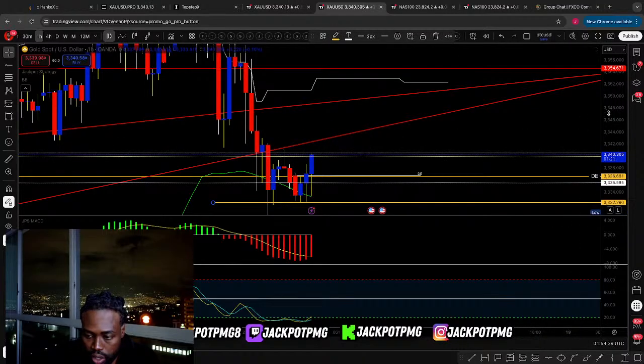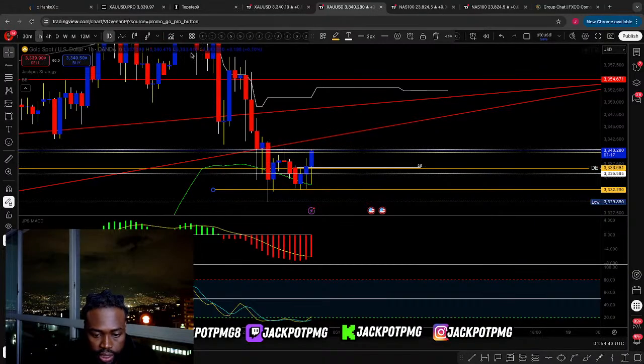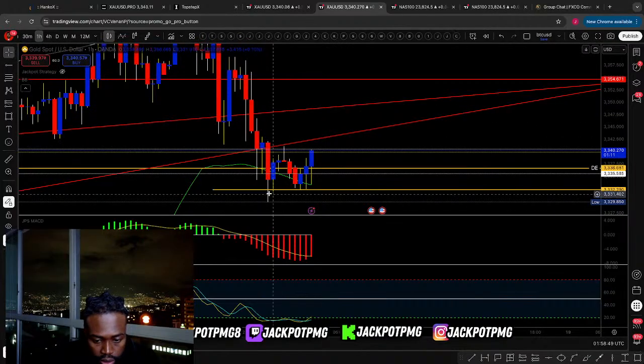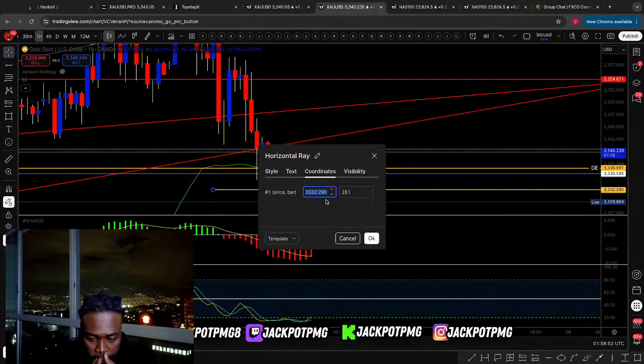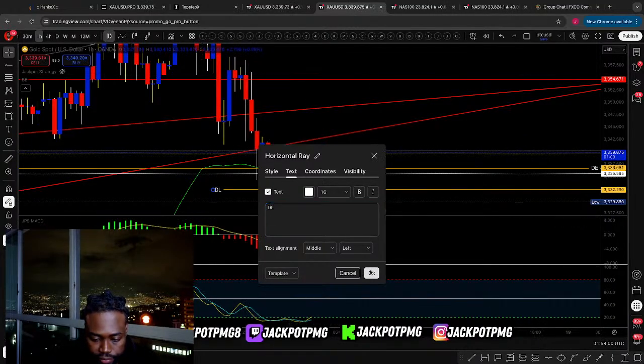Right there. That's the low. And I'm going to mark it red just because we're still on a downtrend. Daily low.